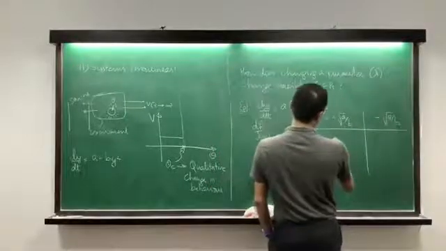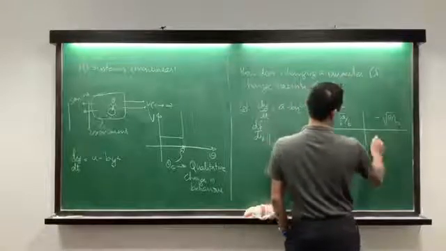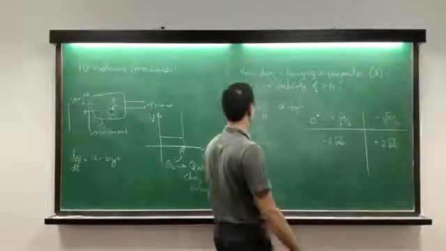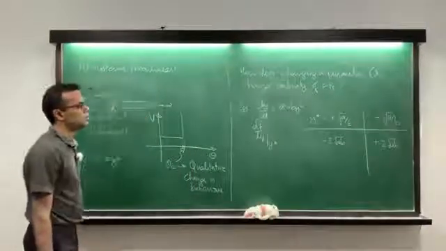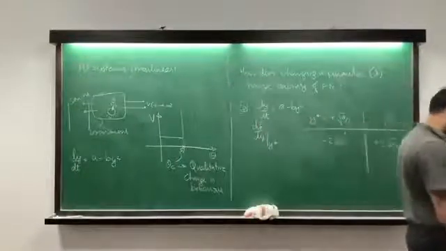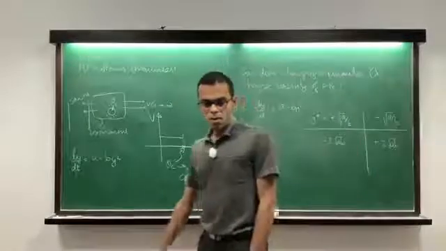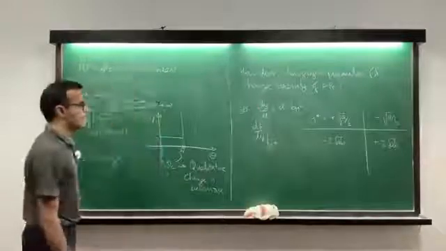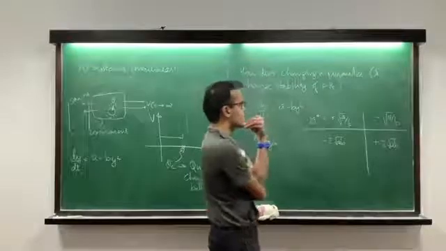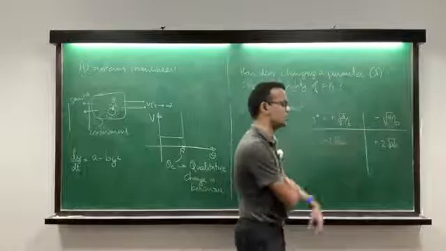It's minus 2by, so it's minus 2 square root of ab for one, and plus 2 square root of ab for the other. This one we already saw: this is stable and this is unstable.